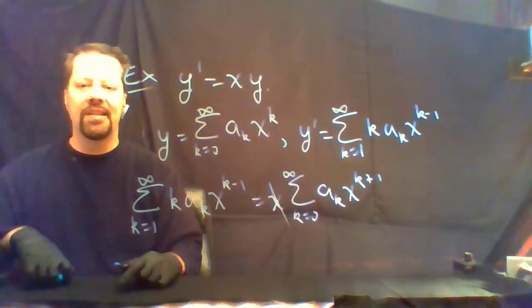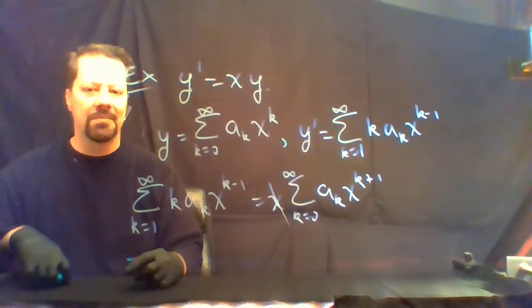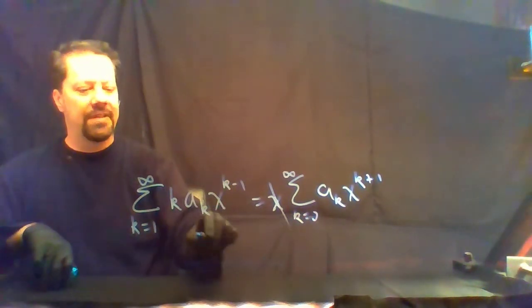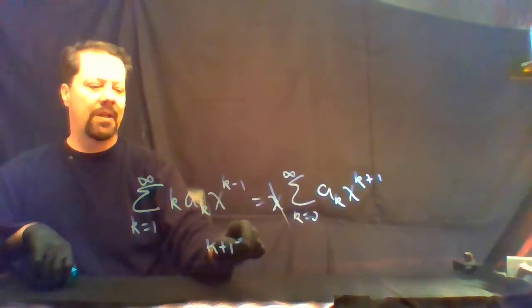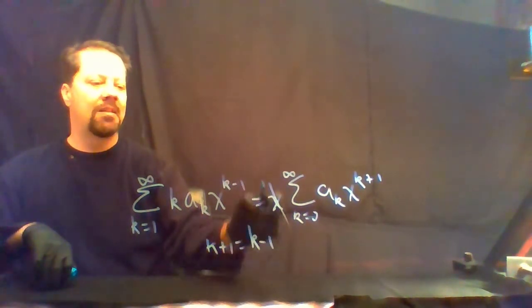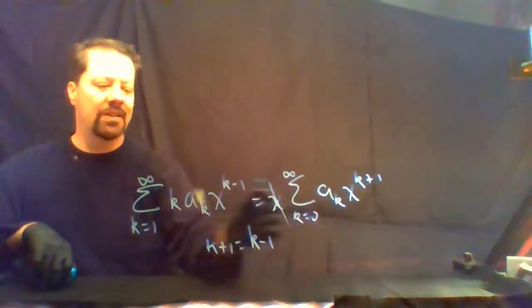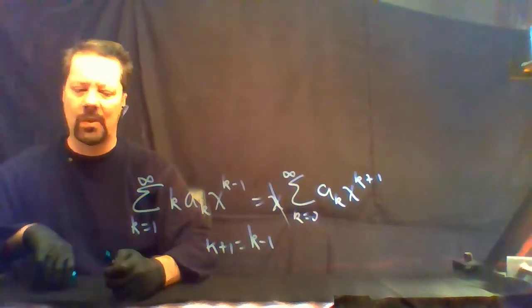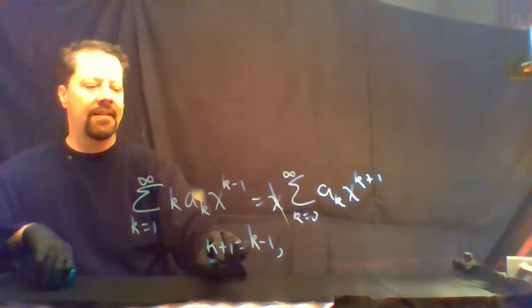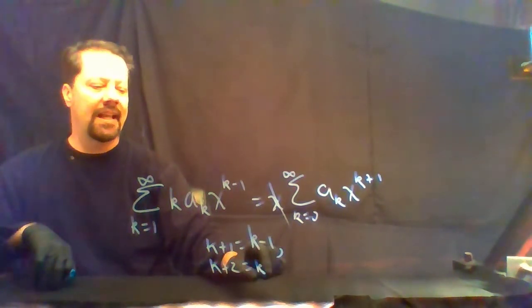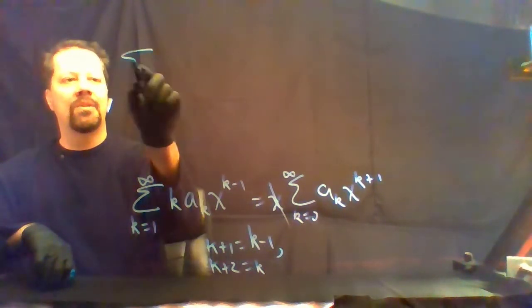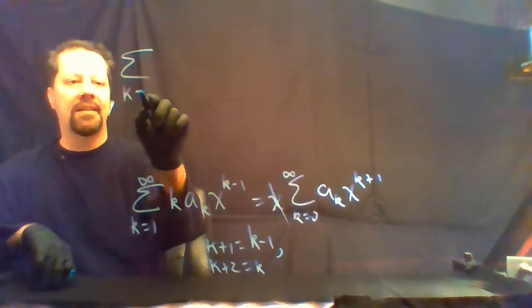It's at this point that we need to re-index the sums. If we set new k plus 1 equals the old k minus 1, I want to get k plus 1 instead of this k minus 1 here, then notice that k plus 2 will be the old k. We'll have the sum as the new k.